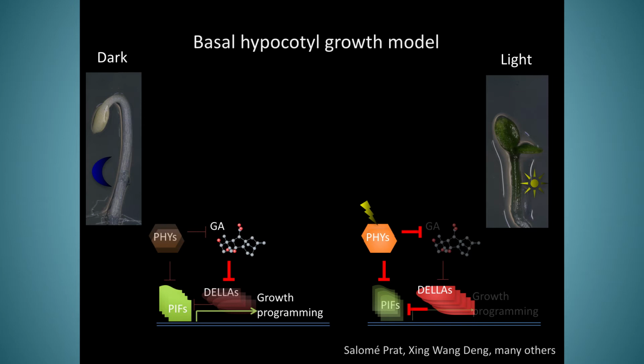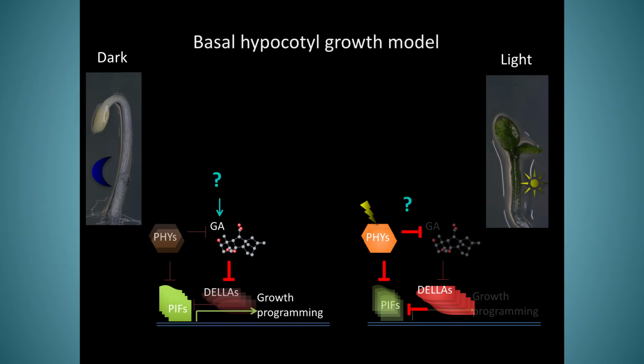The way GA works is thought to be through allowing PIFs to function by repressing the DELLA repressors of PIFs. This is something we've known, and in the light, the situation is somewhat different. You have phytochromes and other photoreceptors lowering the activities of PIFs, also potentially lowering GA levels, and the loss of both of these positive growth regulators results in less growth in the light-grown hypocotyl.